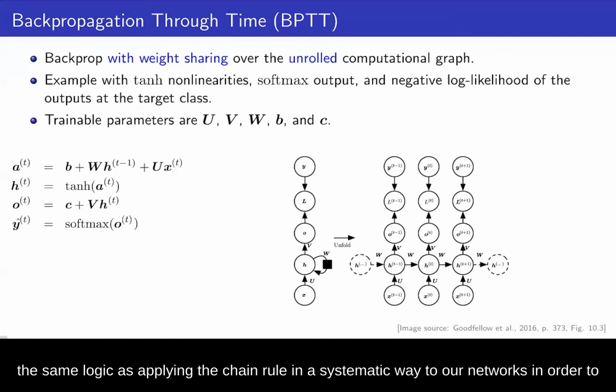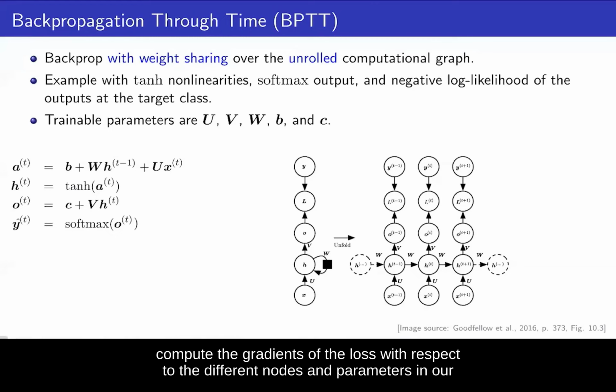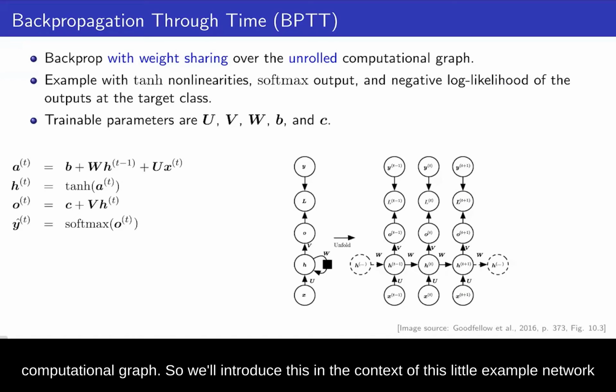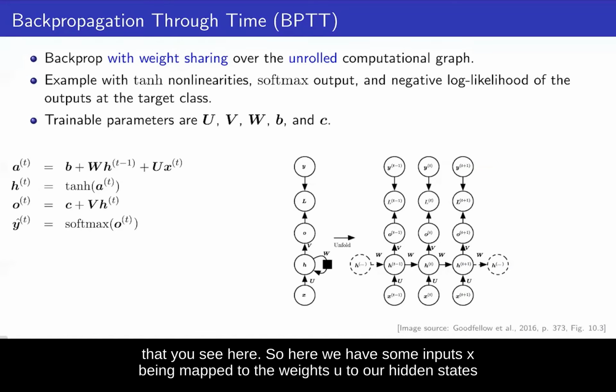Again, it follows the same logic as applying the chain rule in a systematic way to our networks in order to compute the gradients of the loss with respect to the different nodes and parameters in our computational graph. So we'll introduce this in the context of this little example network that you see here.